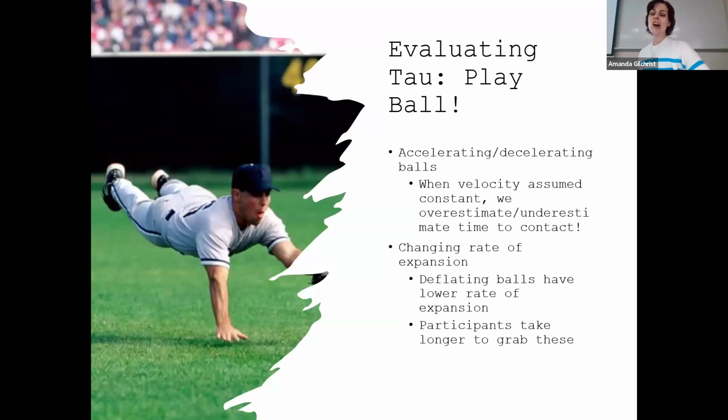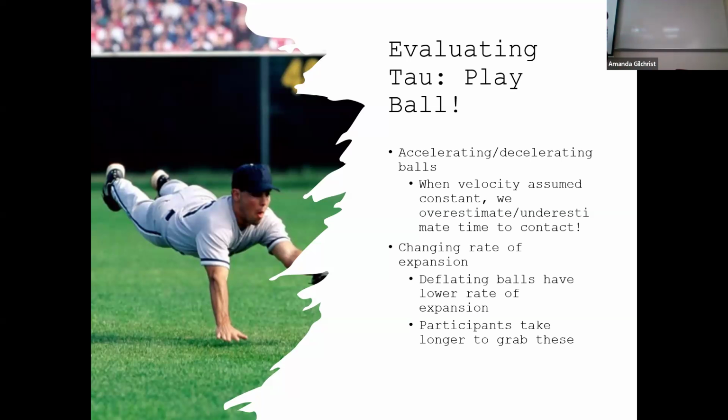Okay. So, researchers have actually looked at this by giving people an opportunity to catch balls that were either rapidly accelerating or decelerating. And based on tau, remember that because we are assuming a constant velocity, anything that suddenly decelerates, we're going to try to grab it before it's reached us.